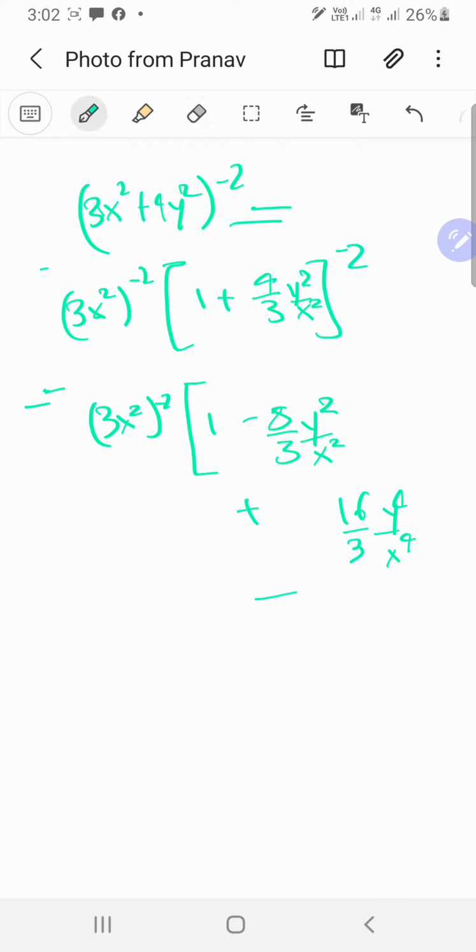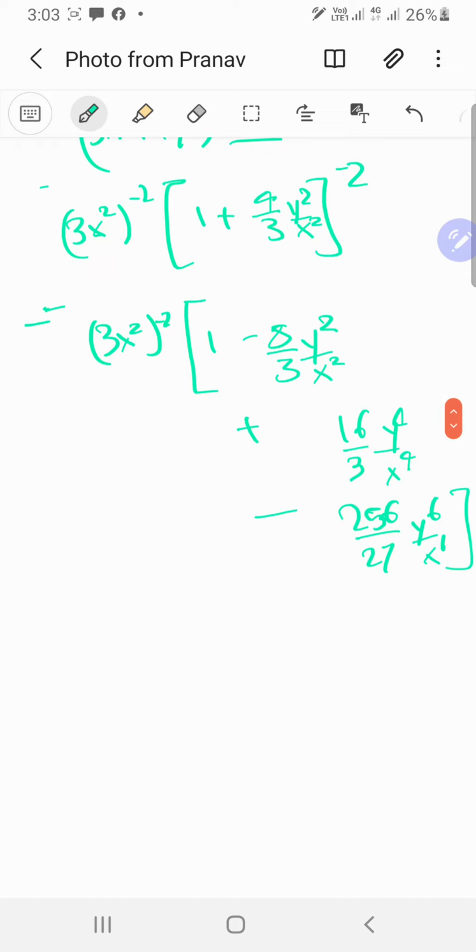So 4 into 4 cubed upon 3 cubed, and then y power 6 upon x power 6. So it's like 4 power 4 upon 27, and then y power 6 upon x power 6. So 4 power 4 is just 256. So 256 upon 27 into y power 6 upon x power 6.